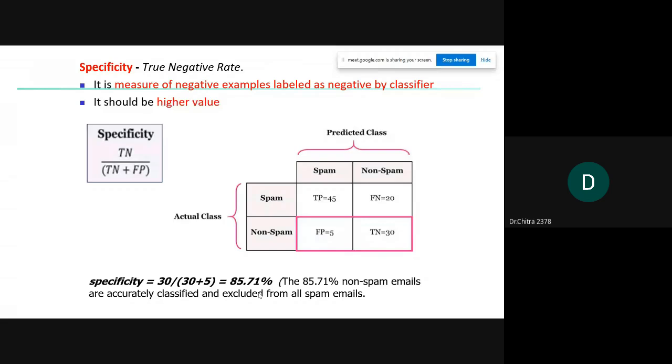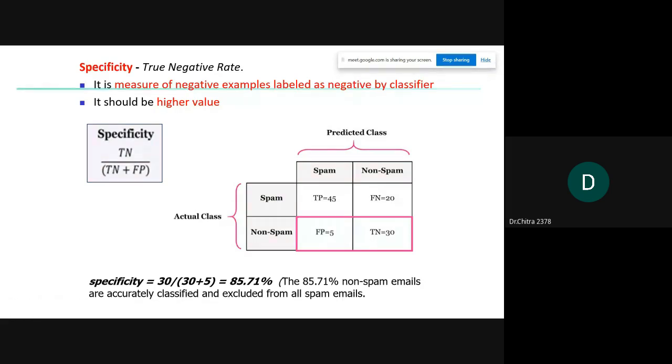Similarly, next is the specificity. Specificity means how the negative values are classified. How yes is classified, that is sensitivity. How no is classified, that is specificity. Totally some negative values are there. How many values are classified correctly? The values correctly classified as negative is 30 divided by total negative values, which is true negative plus false positive.